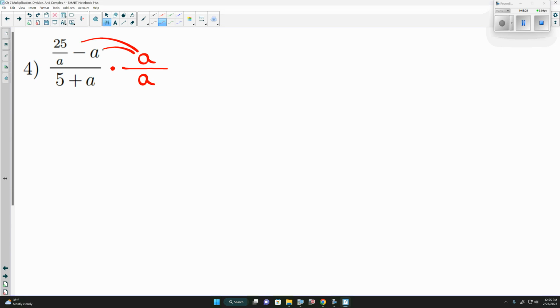And to do that, we're going to multiply everything by a. In the numerator, a times 25 over a is really 25a over a, minus a times a is a squared. The denominator, a times 5 is 5a, plus a times a is a squared.